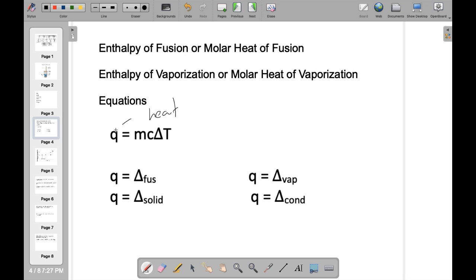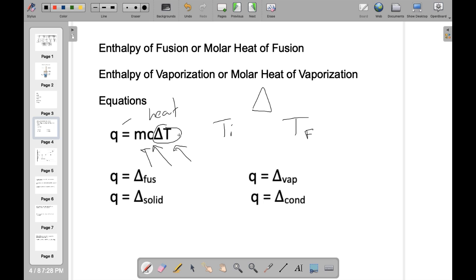This says heat equals mass, the mass of a substance, times the specific heat, times this weird little pyramid T, which is a change in temperature. Delta normally means a change. They'll give me an initial temperature or a final temperature, or they'll just tell me the change, and I need to put that number in here.